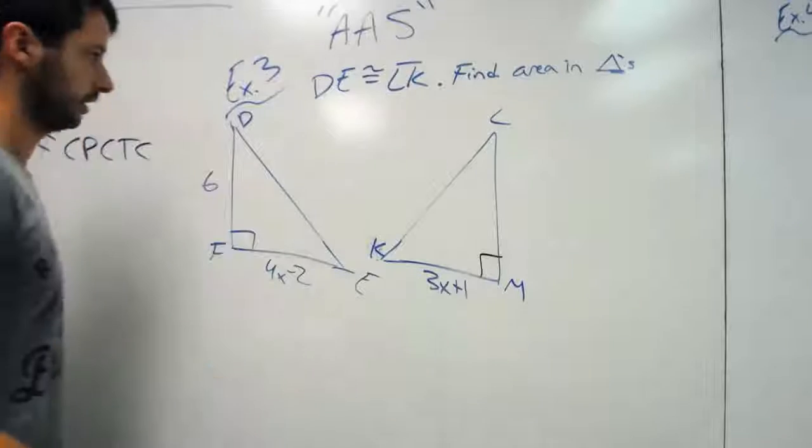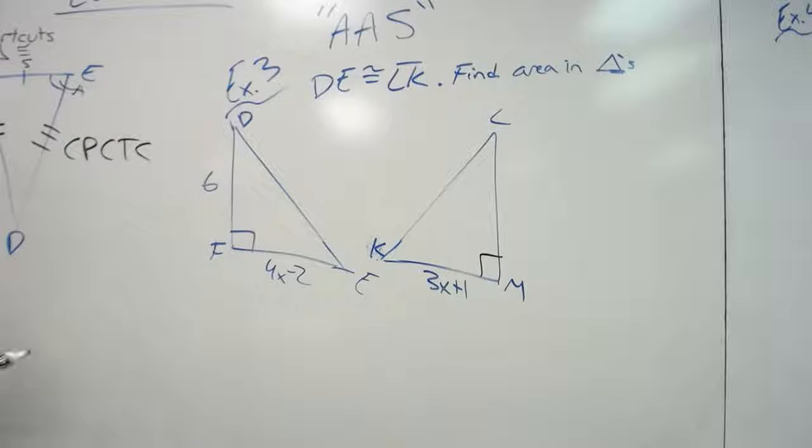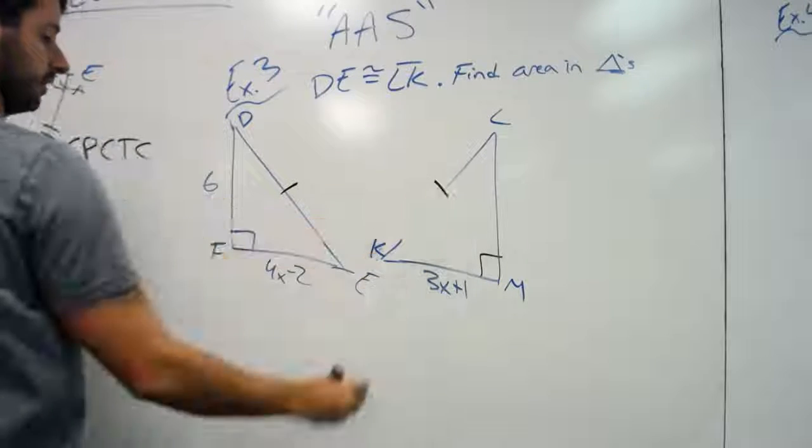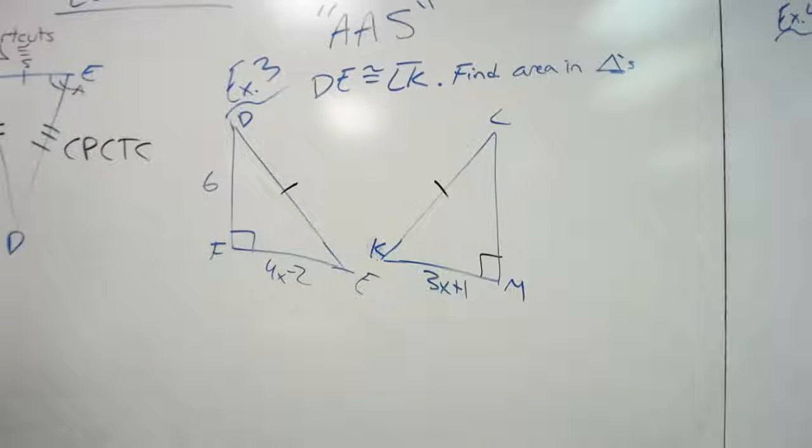So in example 3, it says DE is congruent to LK. Here's DE, here's LK. We know that those are congruent. And it wants us to find the area of the triangles. I did forget to write this down.